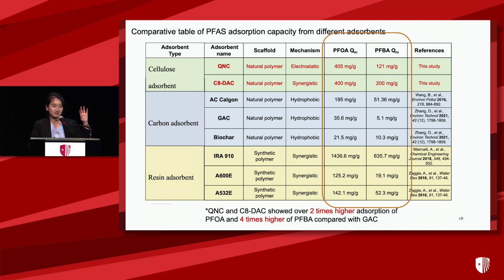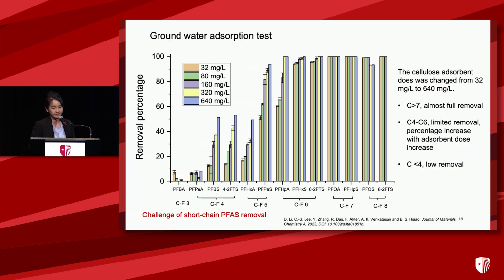You can see the adsorption in red, compared with the adsorption capacities in black, which is the commercialized carbon adsorbent. As most of you might know, the most commonly used in industry is GAC. With the surface-modified cellulose, we see a significant increase of the adsorption capacities for long-chain PFOA and short-chain PFBA compared to the commercial adsorbent.